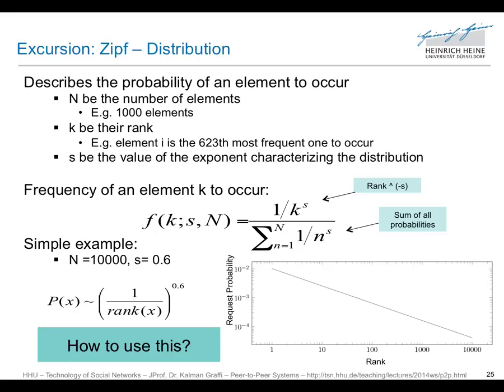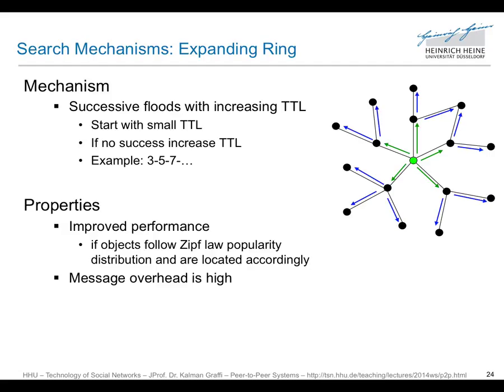No? Okay. One approach could be: if most of the queries are for very popular files, then the hop count doesn't have to be too big for them. So what you can do is to start with a small time to live, with a small hop count, and the chances are high that the user looks for a document which is very popular.